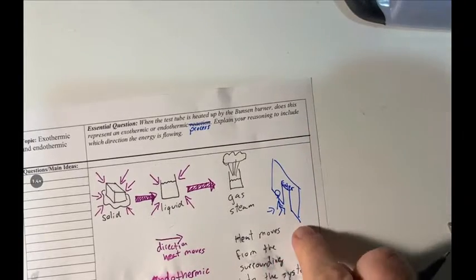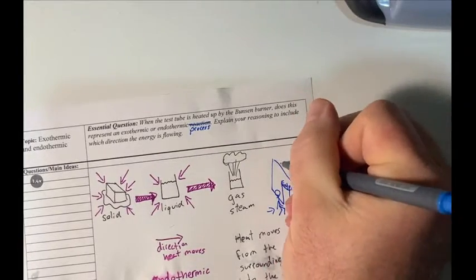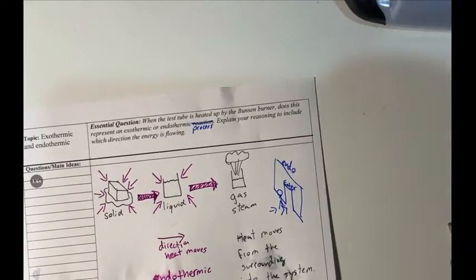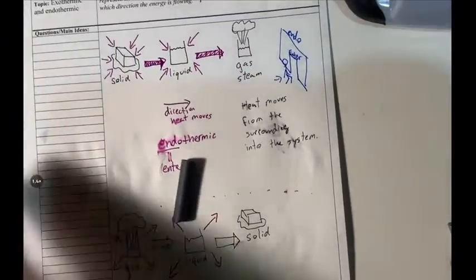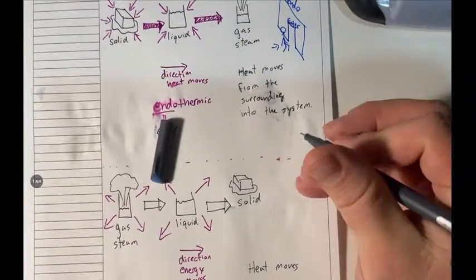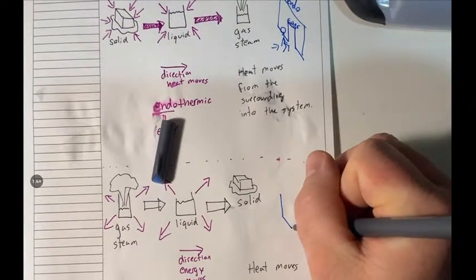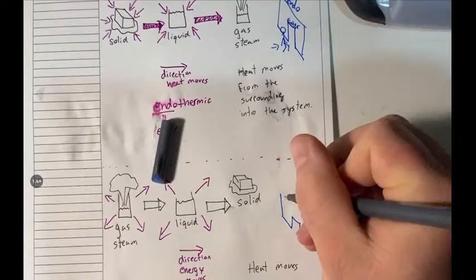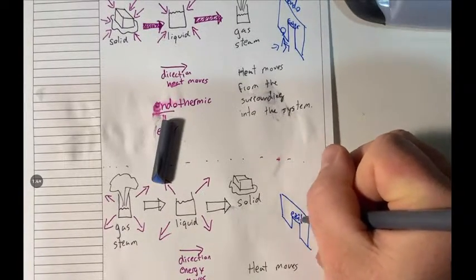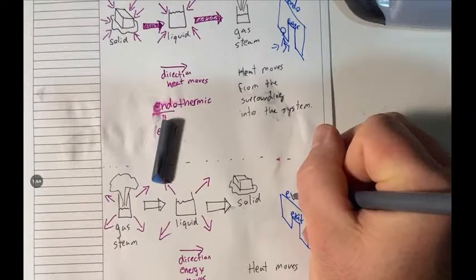When I enter, it's going to be endo. Now I'm going to go down here, and I'm going to exit this system. Let's say now I draw the same doorway. It's going to be exothermic.